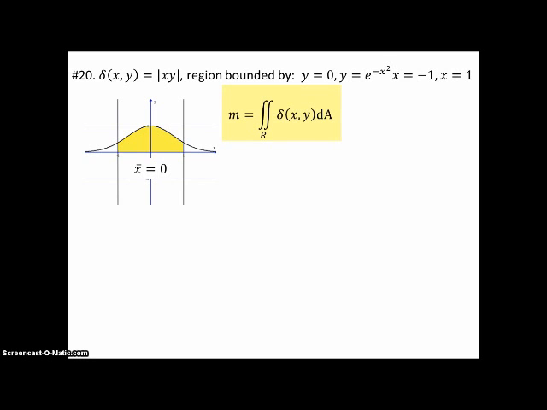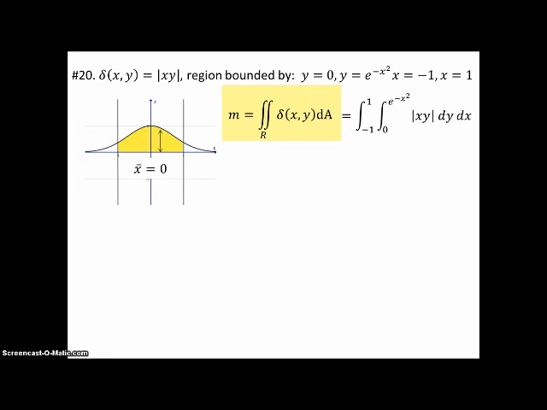Here's our formula for mass, and the region is vertically simple, so we will start off by integrating with respect to y. So on the outer integral sign, we have our x limits from -1 to 1, and on the inner one we have our y limits. And notice that this is going to be symmetric on either side of the y-axis.